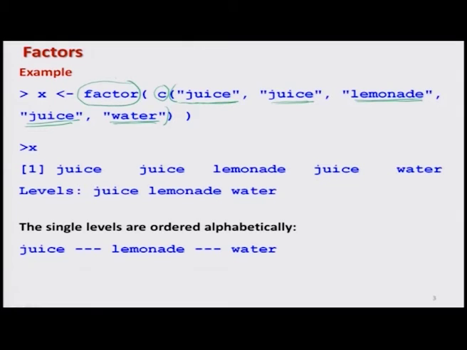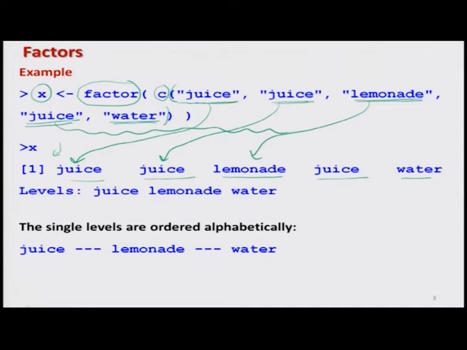So, I store this outcome in variable x, right. And as soon as you enter it on the R console, you get this outcome: juice, juice, lemonade, juice, water. This is the same thing. This juice is coming from here, this juice is coming from here, this lemonade is coming from here, this juice is coming from here, and this water is coming from here. And it is showing you that there are 3 levels. This is here juice, lemonade, and water.